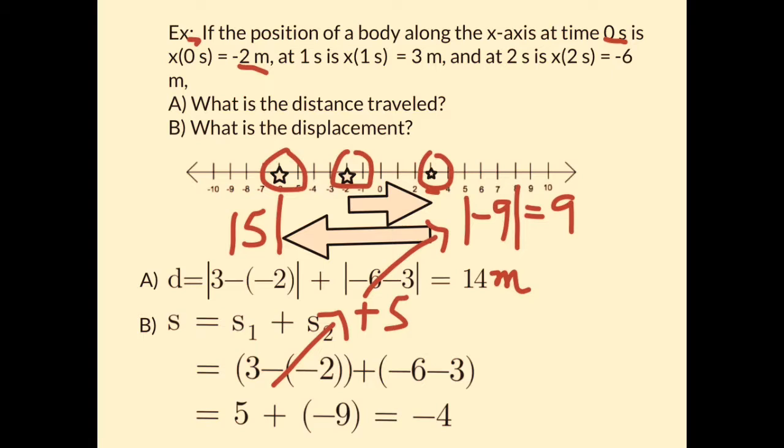For the second leg, the final position minus initial is minus 6 minus a plus 3 meters, that is minus 9 meters. This gives a total displacement of 5 plus a minus 9, or minus 4 meters.